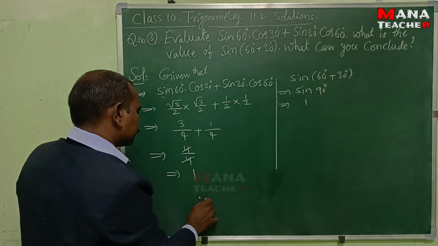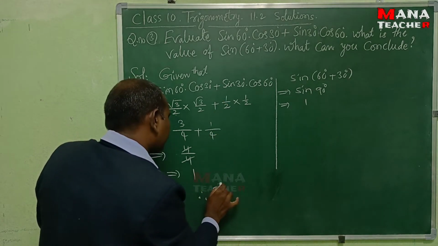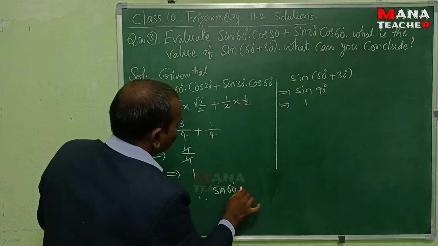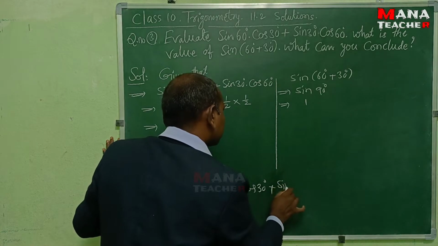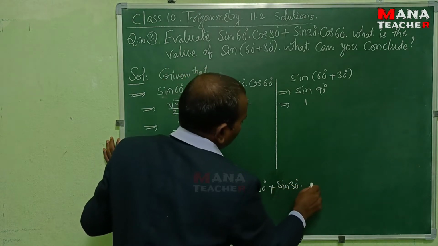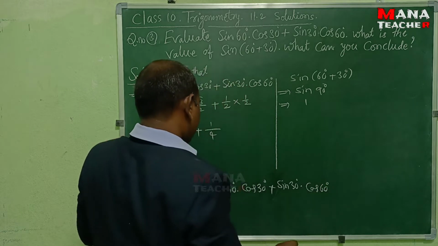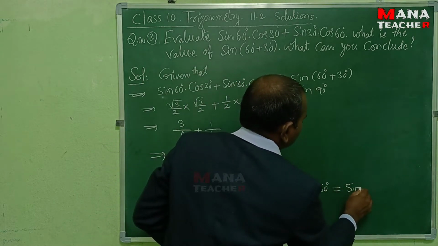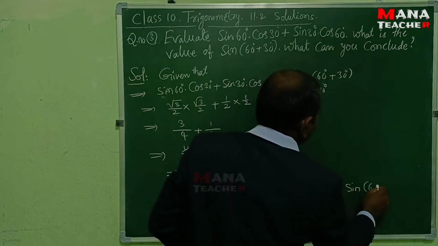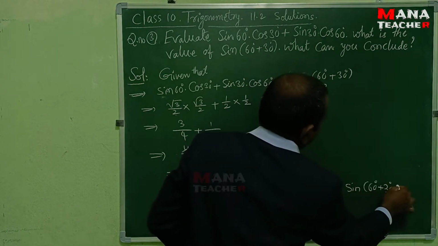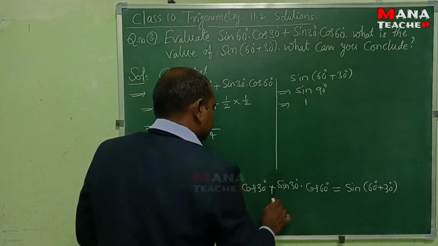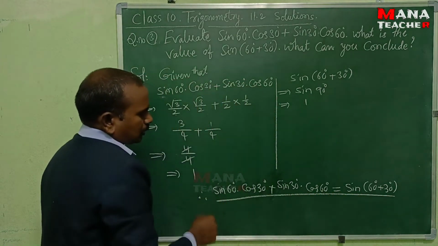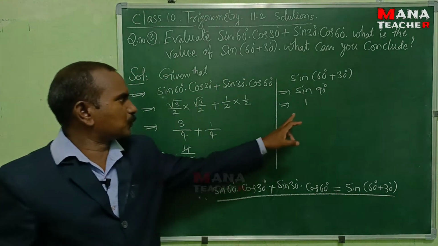Therefore sin 60 cos 30 degree plus sin 30 cos 60 equals sin 60 degree plus 30 degree. So this is the conclusion, 1 equal to 1. So this is the problem.